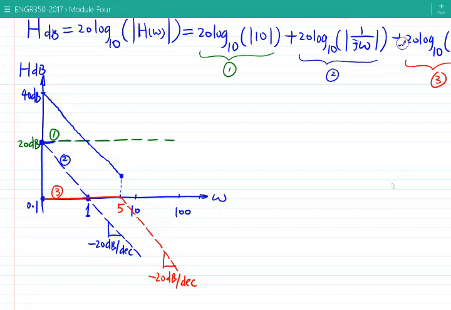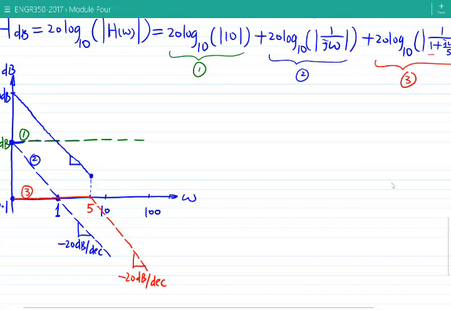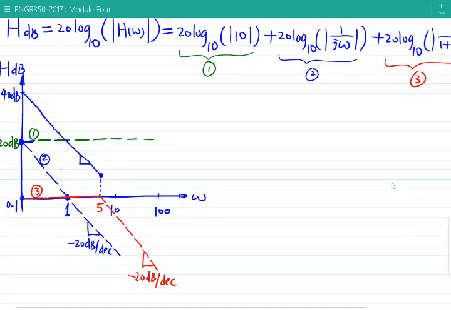So for factor number 3, because the slope is minus 20 dB per decade, that means the total dB value will bend down by minus 20 dB per decade. In the beginning, the slope is minus 20 dB per decade. So from omega equal to 5 onward, the slope will further bend by minus 20 dB.